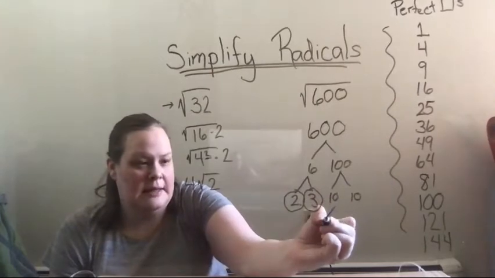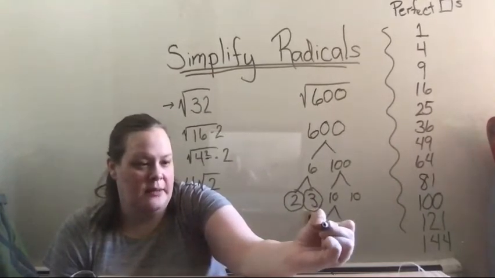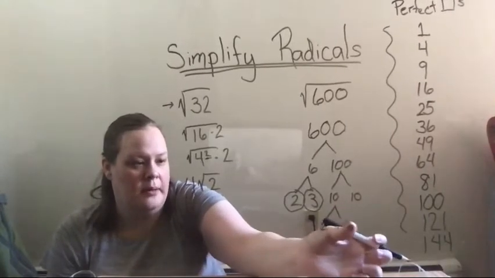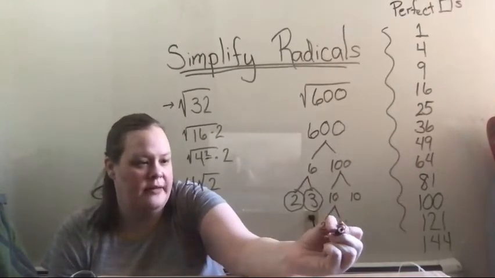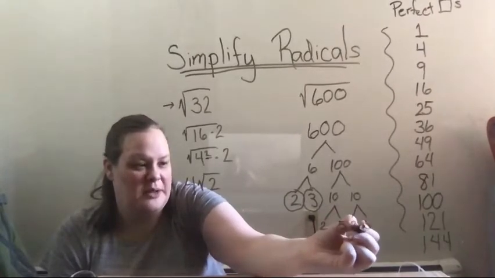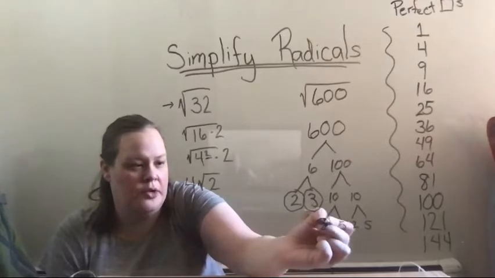So then I can break up this 10 and say, well, this is 2 times 5. And 2 times 5. Those are both prime numbers. I can't break them apart anymore.